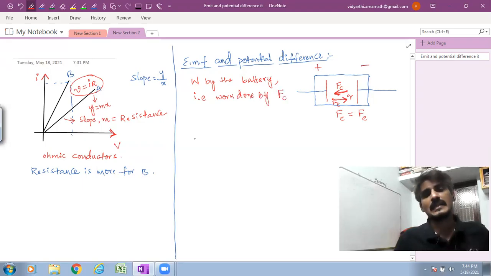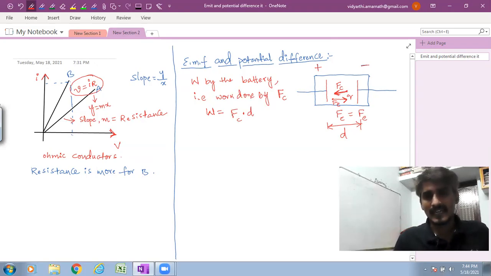That is W is equal to Fc into d. Let us assume that both the plates are separated by a distance d. Then Fc into d is the work done.